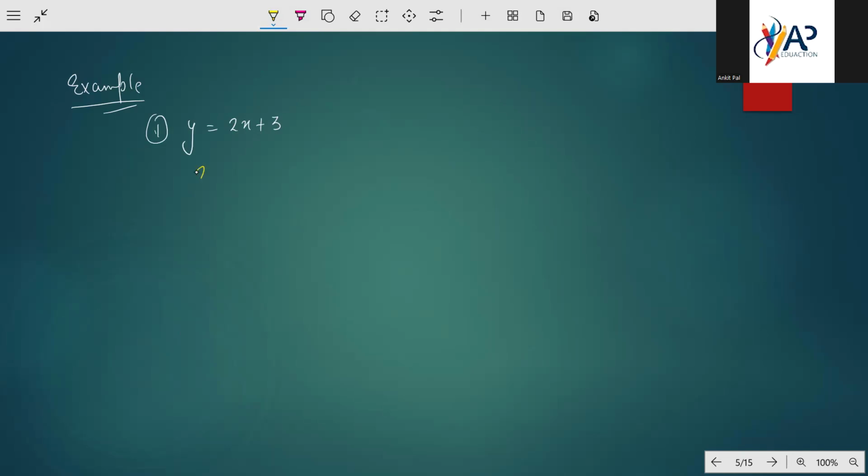It means my slope is 2 and the line is positive, means the line goes upward, and c cuts the y-axis at 3. Suppose that this is a graph.